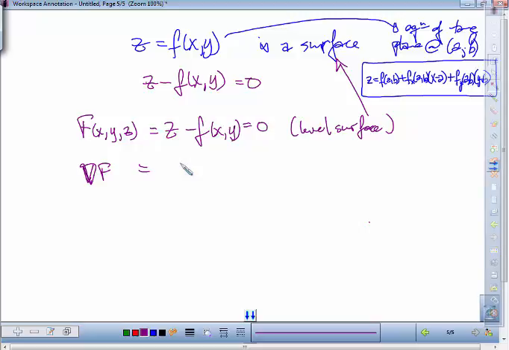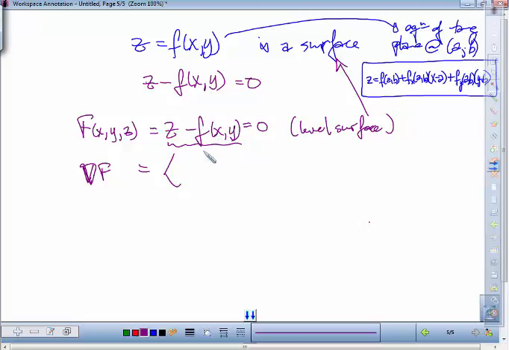So what I want to do is take a look at this generic function and take the derivative of this thing with respect to x, and then with respect to y, and then with respect to z. What is the derivative of this thing with respect to x? What's the derivative of z with respect to x? 0, right? So what's the derivative of this function with respect to x?